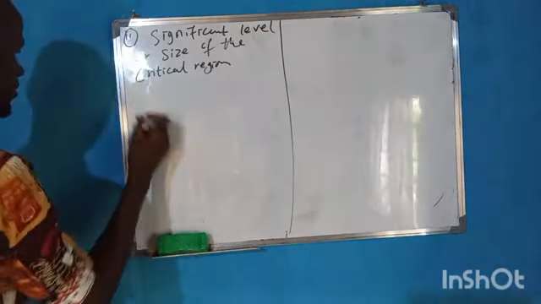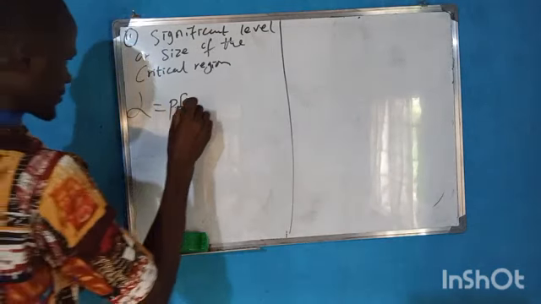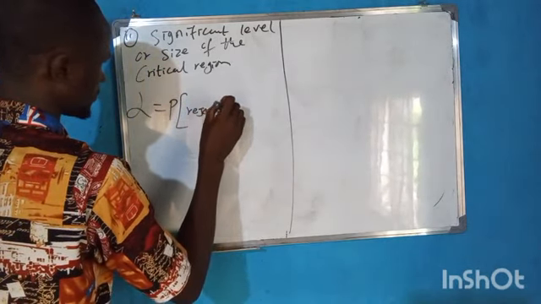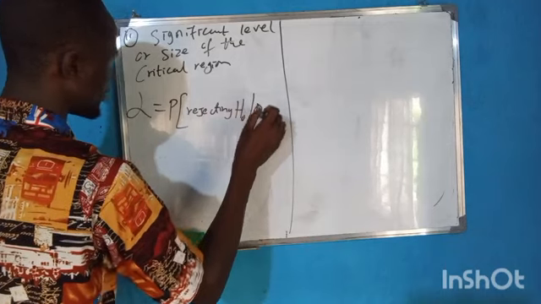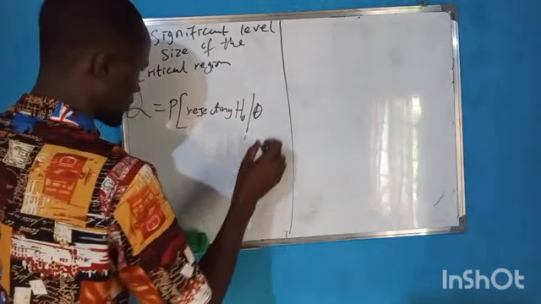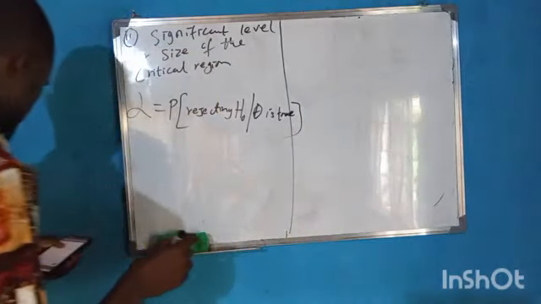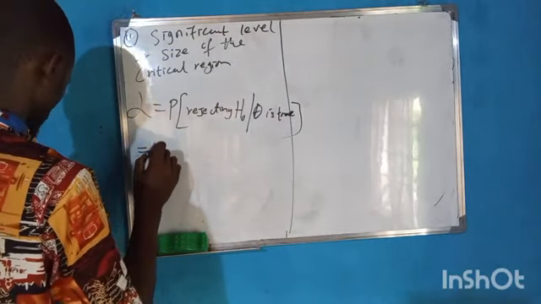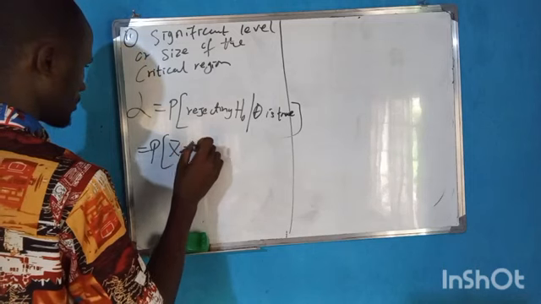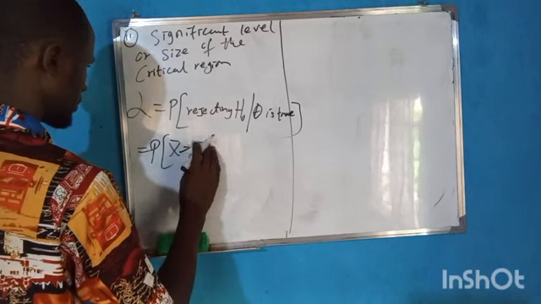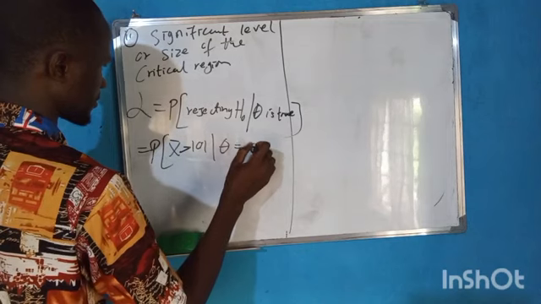The critical region size is denoted as alpha, which is equal to the probability of rejecting H naught given that theta is true, which is equal to the probability of x bar greater than 101 given theta is equal to 100.